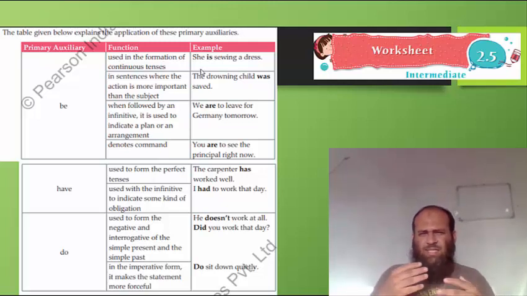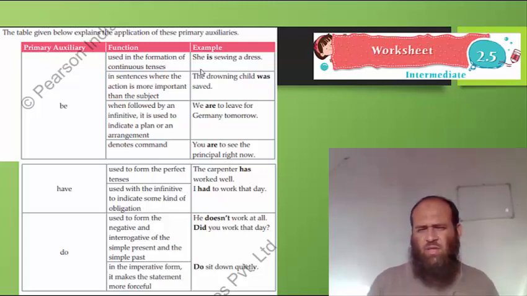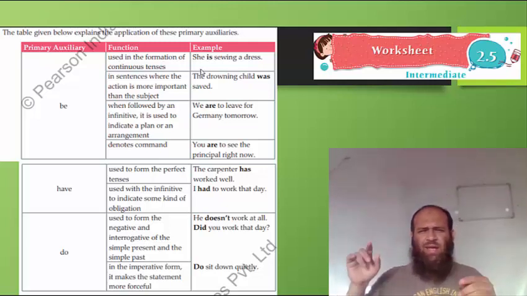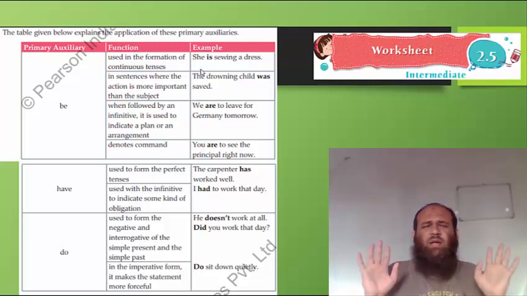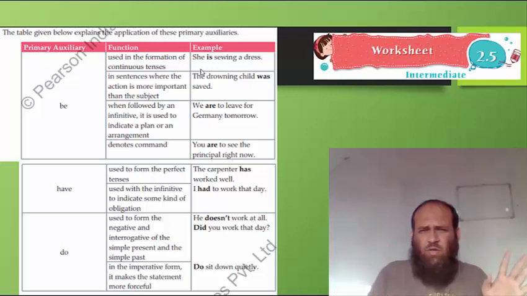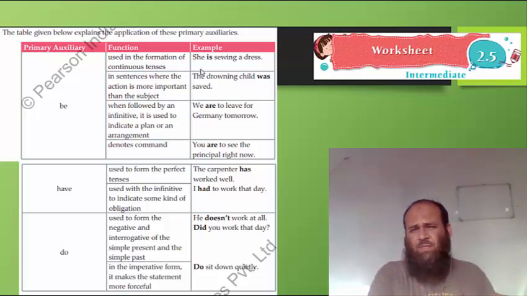Now, in some sentences the subject is not more important; the action is more important. I am teaching this lesson. Simple. Here I is important. I am teaching. The drowning child was saved. Here, who saved is not important. Actually, what's important is that the child was saved.